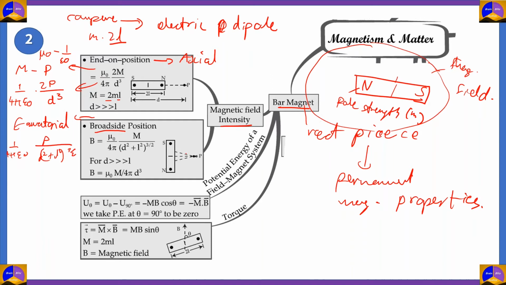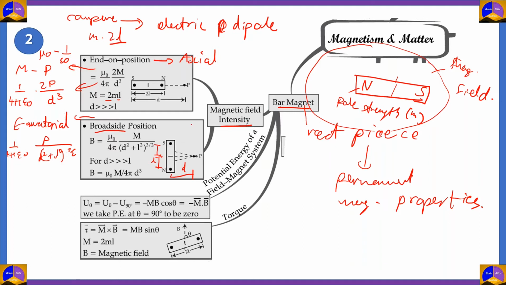And when we take the distance between them, which is d, way greater than the length l of the magnet, then we'll get the formula 1 by 4 pi epsilon naught times p divided by d cubed. Now that is similar to the electric field intensity of an electric dipole at its equatorial position.